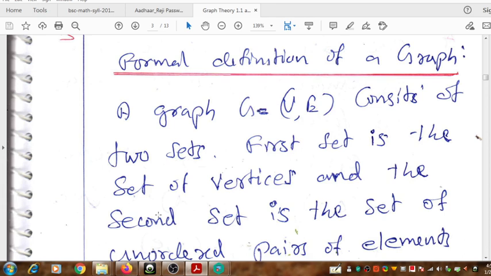But that's the basic idea behind the graph, because every graph tells us about some relation that exists among the members of a given set. Here, the given set is S in our previous example.